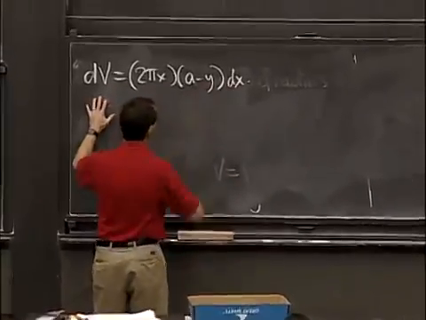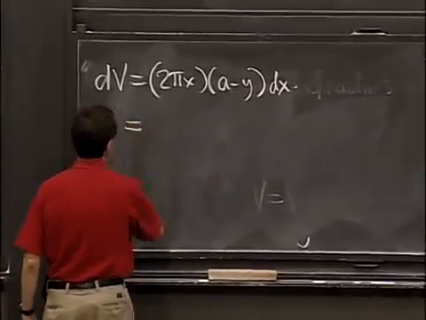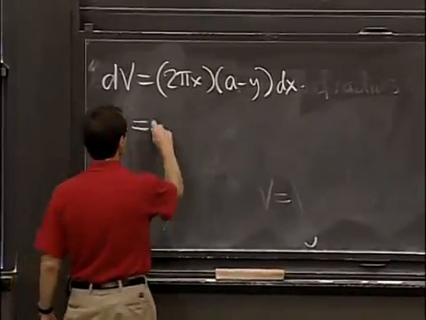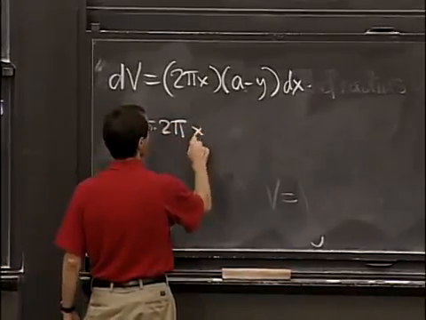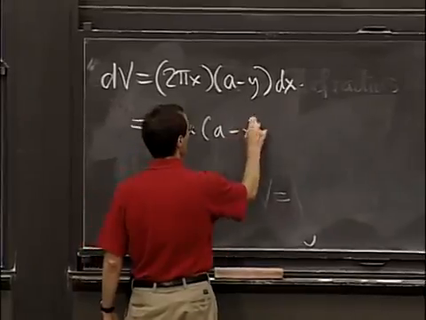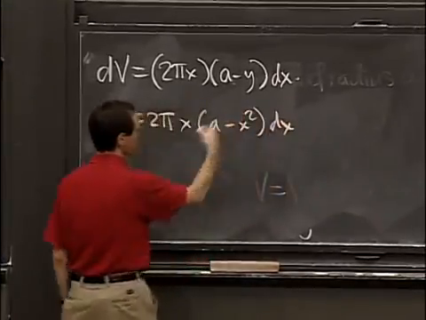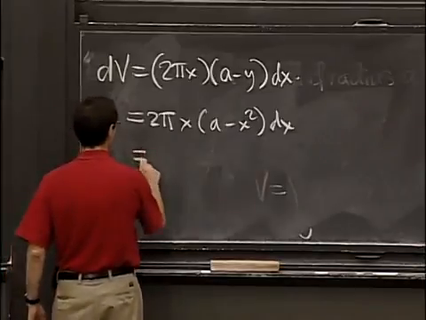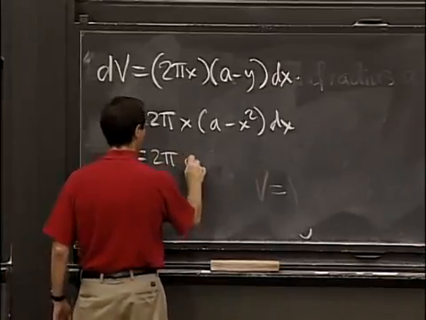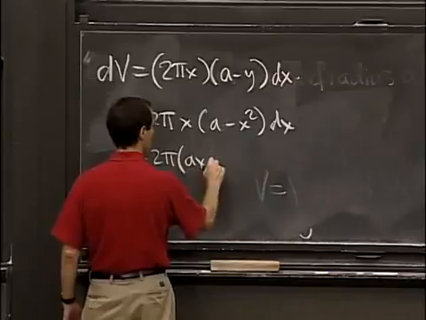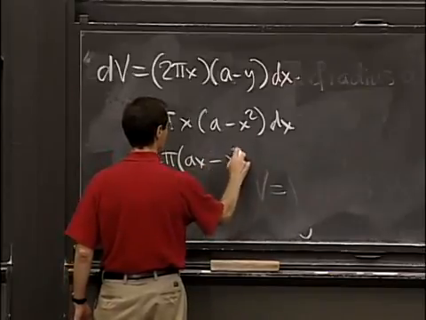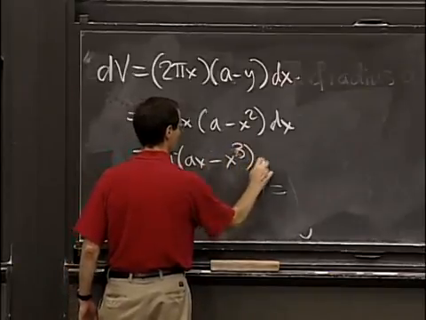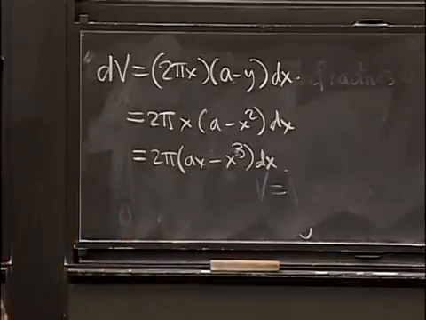All right, so here's the formula, and let's simplify it a little bit. We have 2 pi x times, remember, first I have to substitute, otherwise I'm never going to be able to integrate. And then I rewrite that as 2 pi times ax minus x cubed dx. Better not get that wrong.